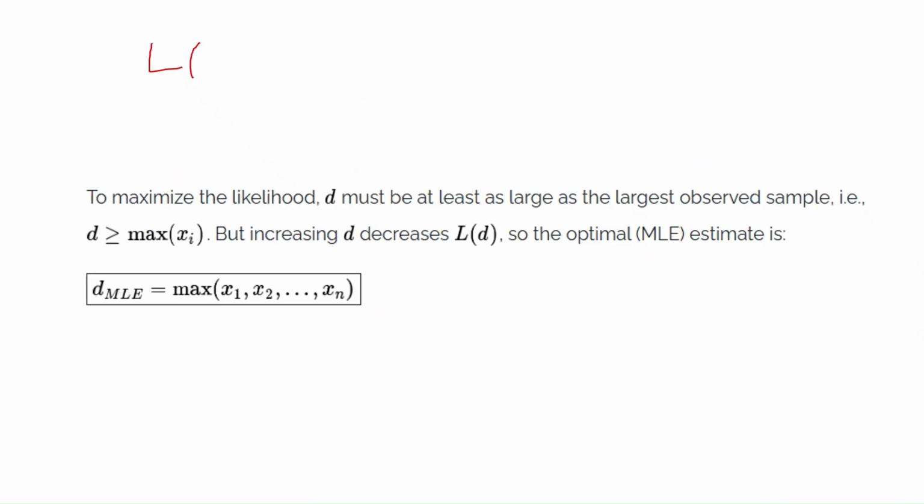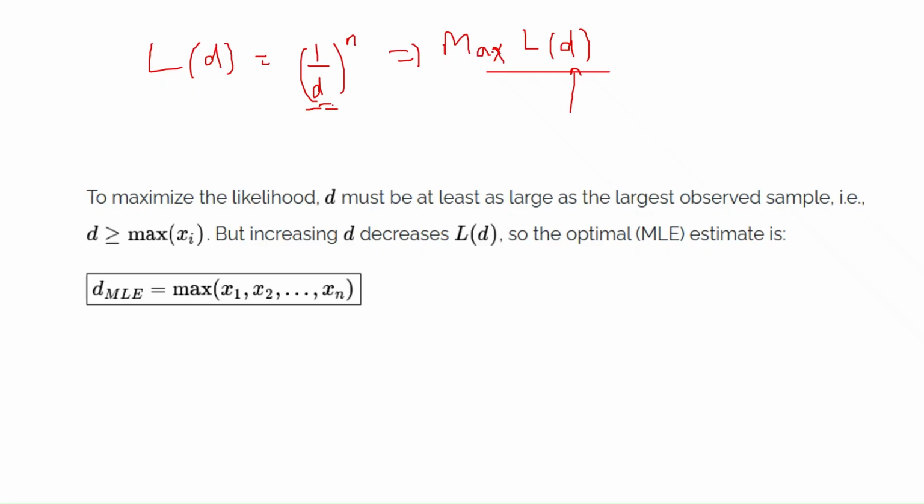Now we have the likelihood function L of d, which is given by 1 over d to the power n. We have to maximize this likelihood function, which basically means we have to maximize the likelihood of observing this given data set, and we have to find the value of d that would maximize this likelihood. So here, if you see in this function, d is in the denominator.